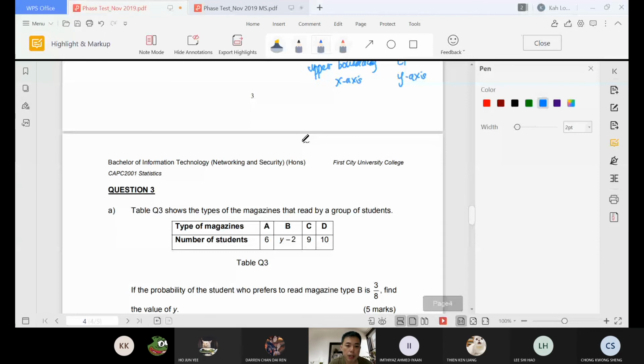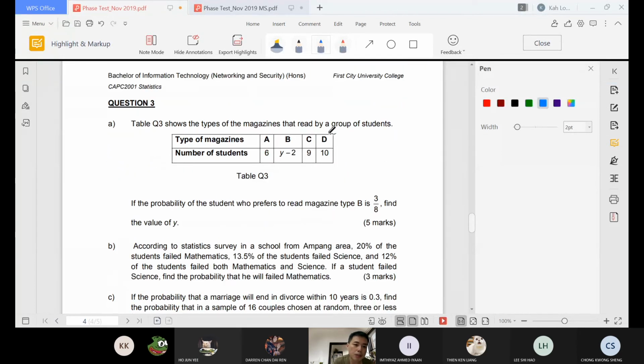Question 3 is talking about probability. You see here, Table 3 shows the types of magazine read by a group of students: magazine A, magazine B, magazine C, D. Total how many? 6 plus Y minus 2 plus 9 plus 10.